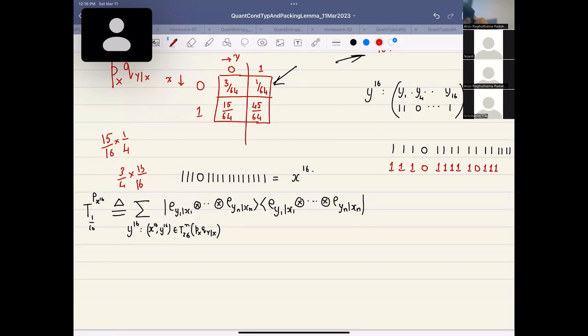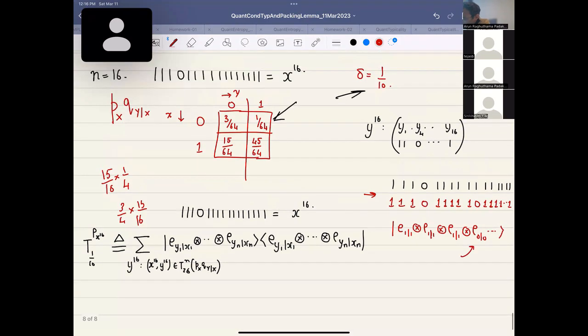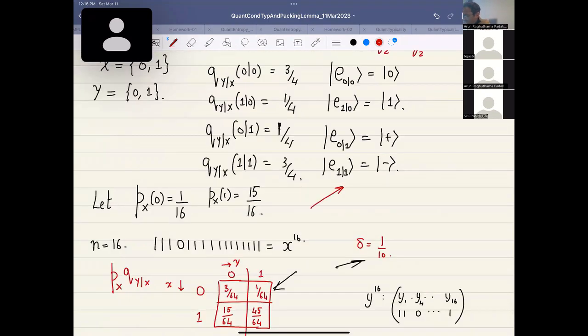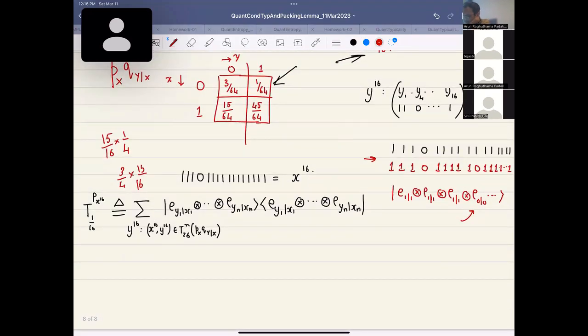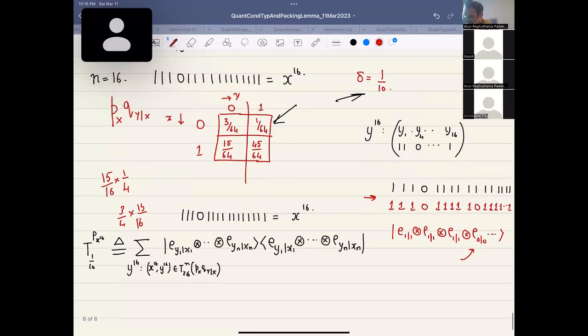If this is your yn, what are you doing? You're doing E. So it will be E1 given 1, tensor E1 given 1, tensor E1 given 1, tensor E0 given 0, and so on. So what is this vector? This is exactly what I wrote here. It's a bunch of rank 1 projectors that are summed together. Do you understand this?